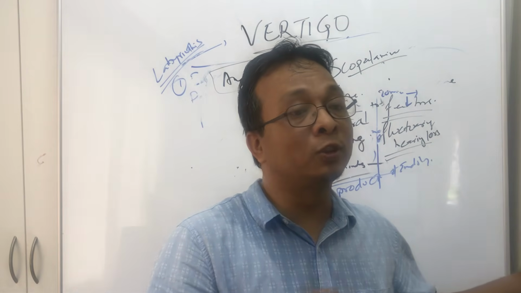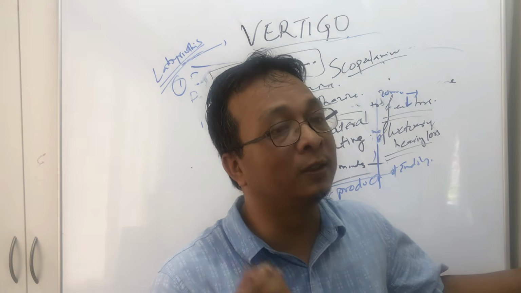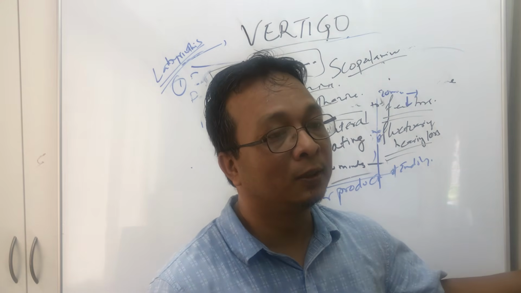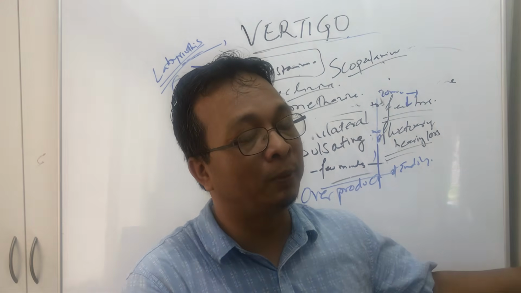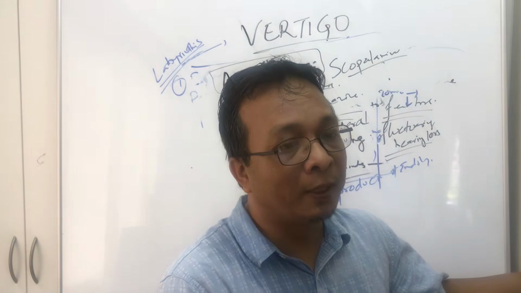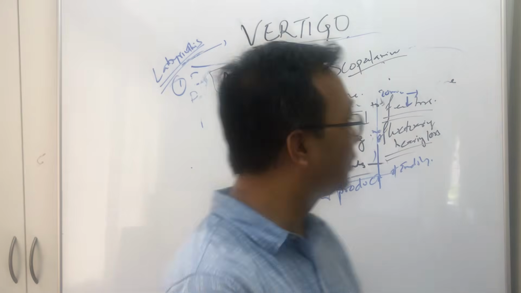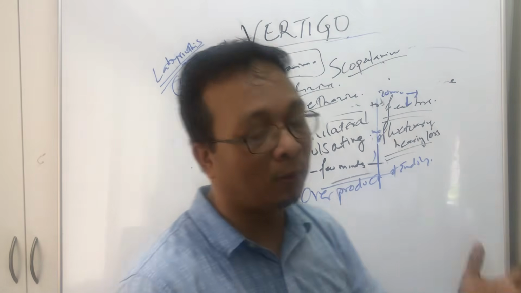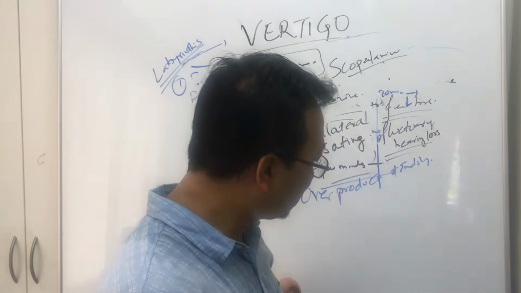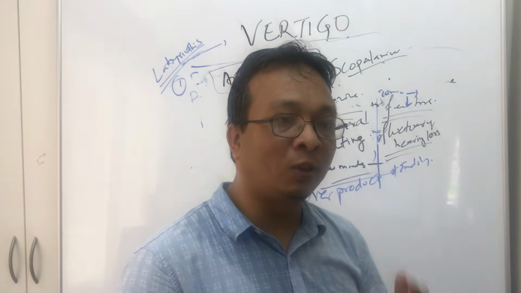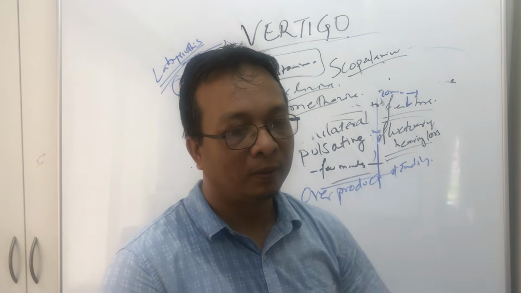Vertigo can also be psychological; in depression it can occur, sometimes during menstruation also. Sometimes some people may feel vertigo. People who are anemic can also feel vertigo. So it may be due to other causes, but we are just dealing with the most common problems. Alright, so that is about vertigo or dizziness or lightheadedness or faintness.